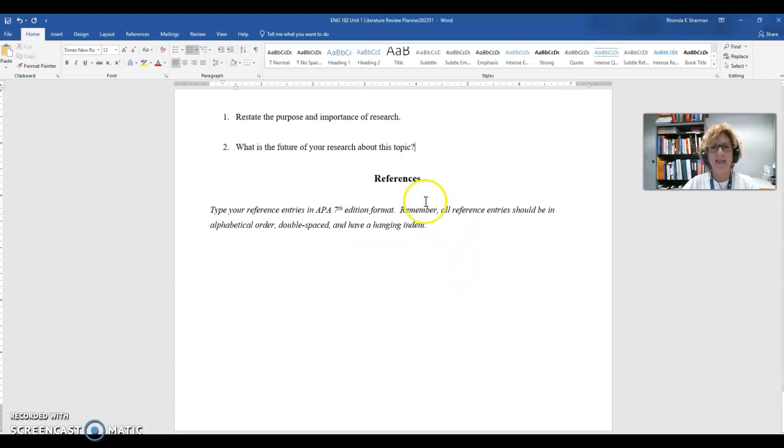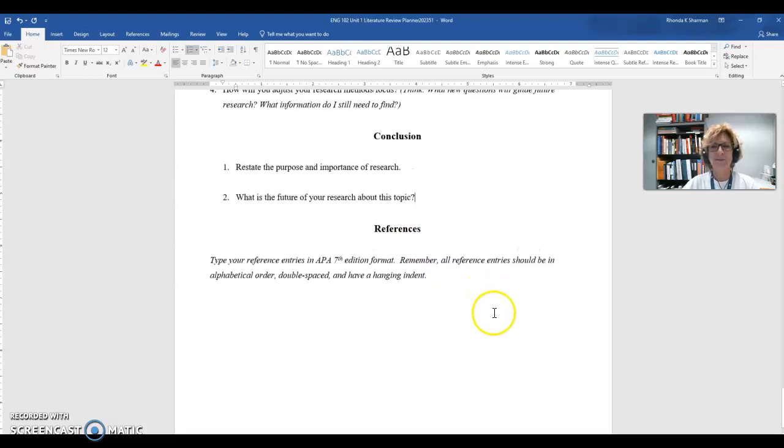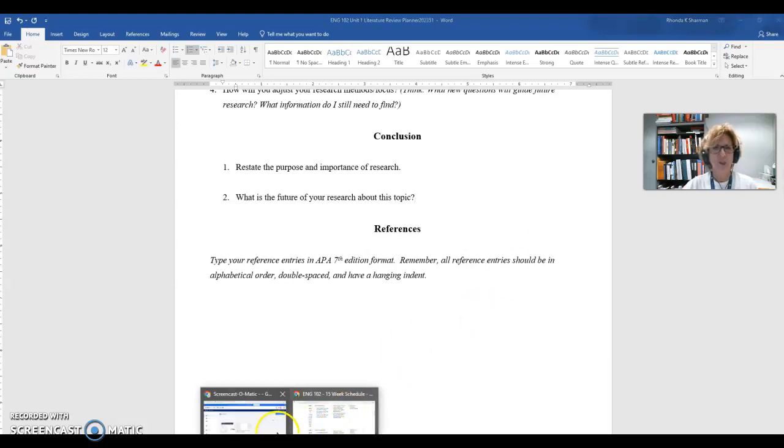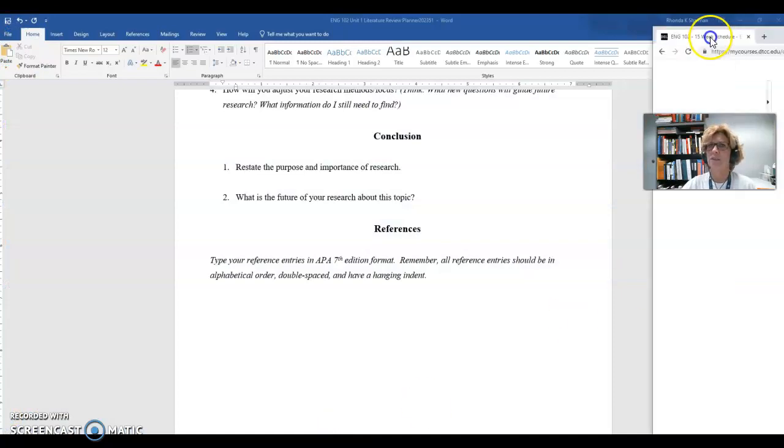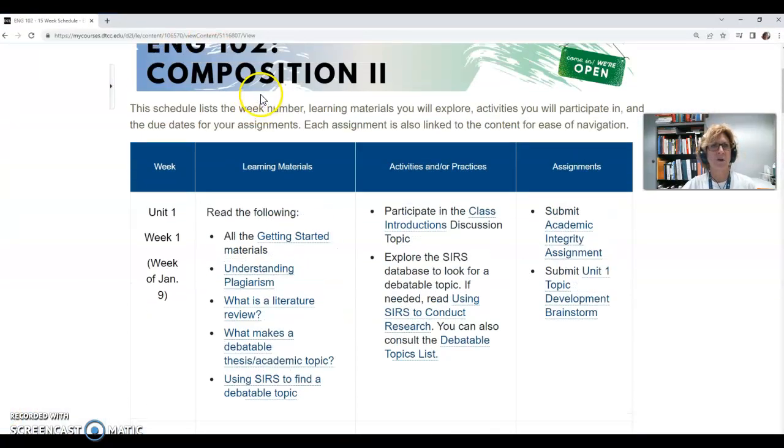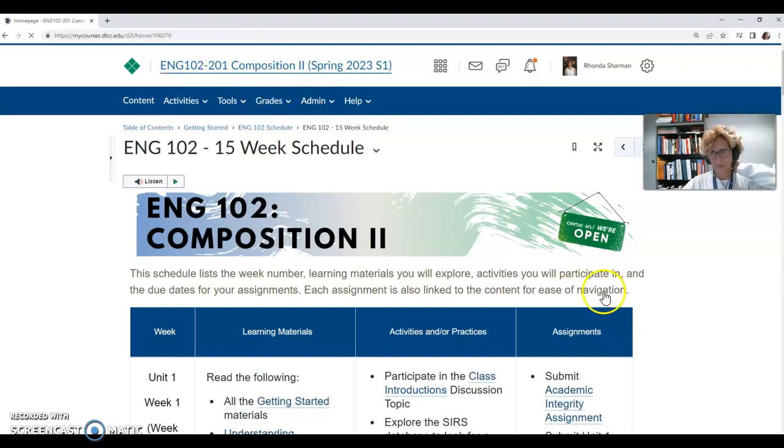All right, and then the last section is for you to give a shot at typing your two sources in reference format. And to do that, you will probably need to go, and let me just go back into the course.